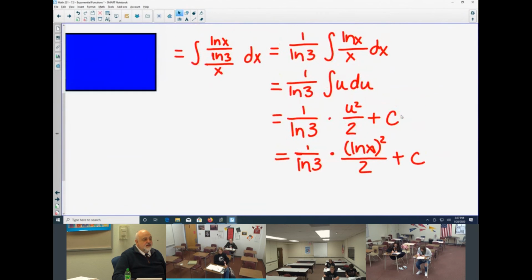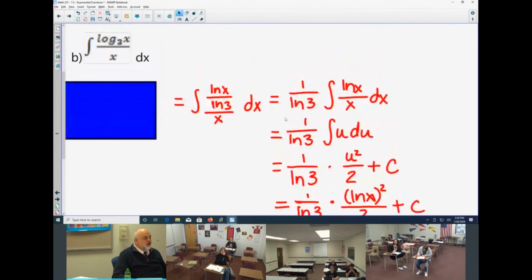Yeah, could you go through that, please, real quick? Okay, so first the log base 3 of x. You want to use the change of base to rewrite that as the natural log of x over the natural log of 3. Okay, so we're good with that. Now, the 1 over natural log of 3, because that's a constant, we're going to pull that in front and just make it natural log of x over x.